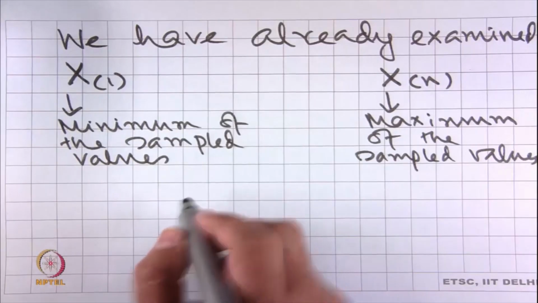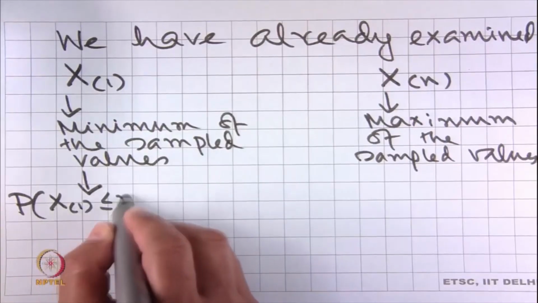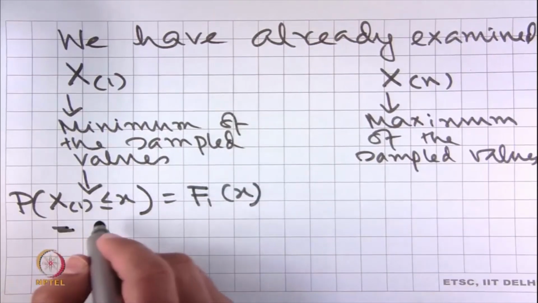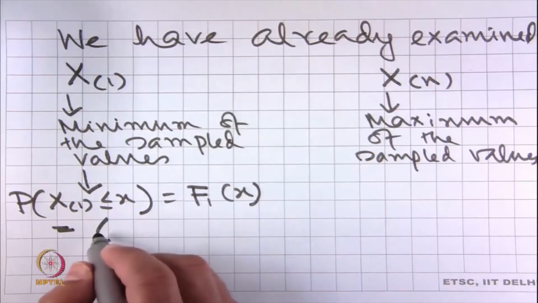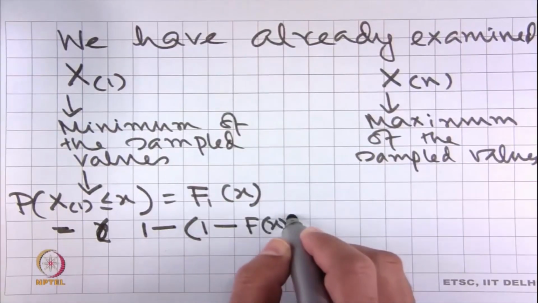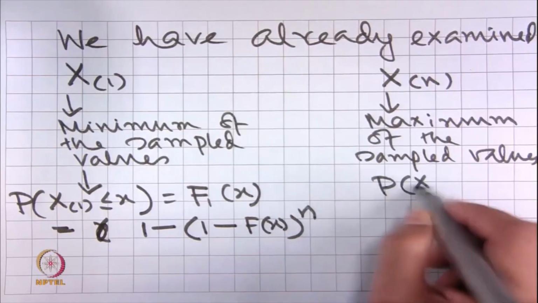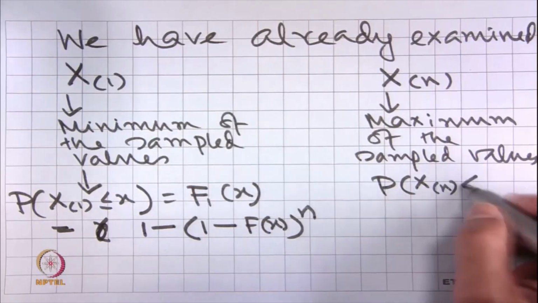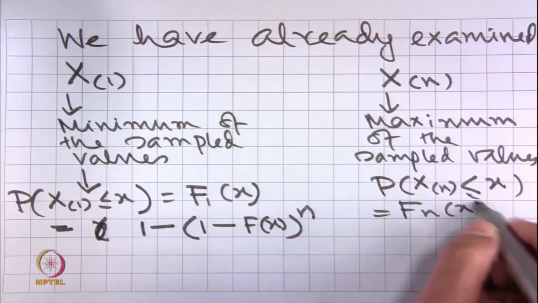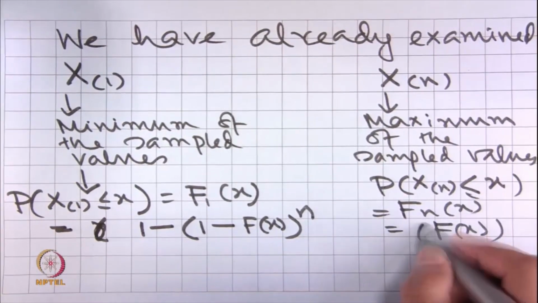We have also seen that the CDF, probability X(1) less than or equal to x, is equal to F1(x) is equal to 1 minus F(x) whole to the power n, and probability X(n) less than or equal to x is equal to Fn(x) is equal to F(x) to the power n.